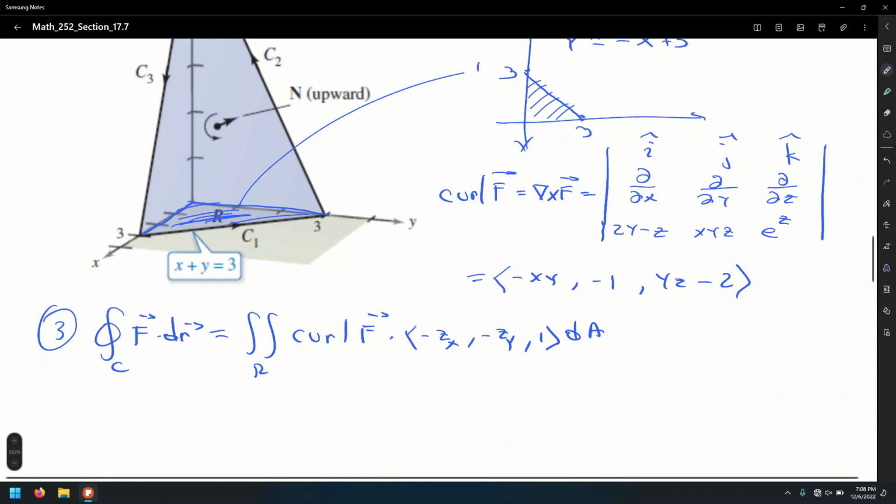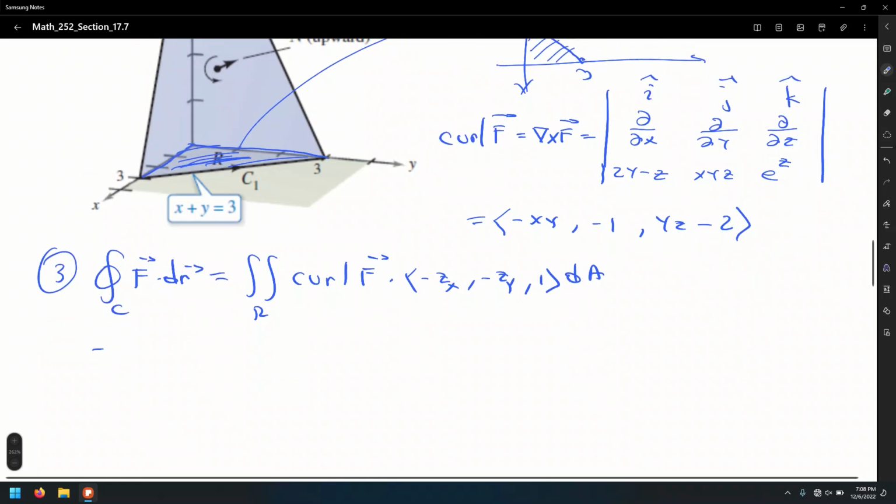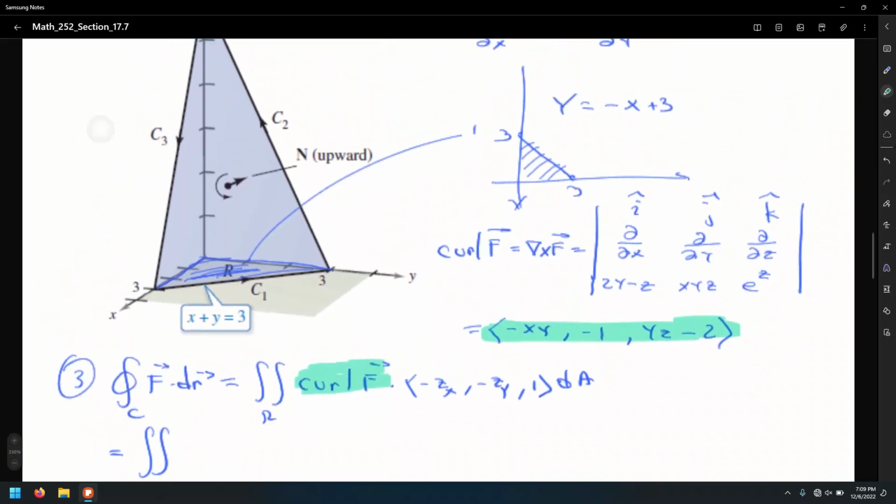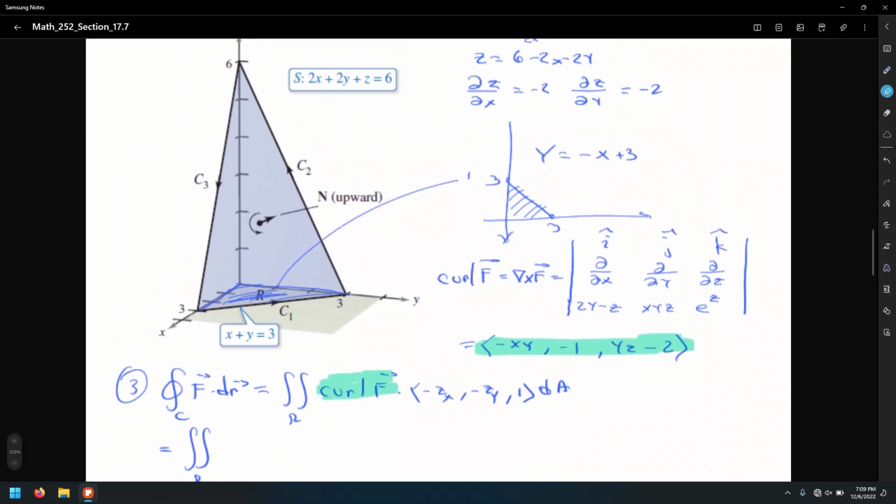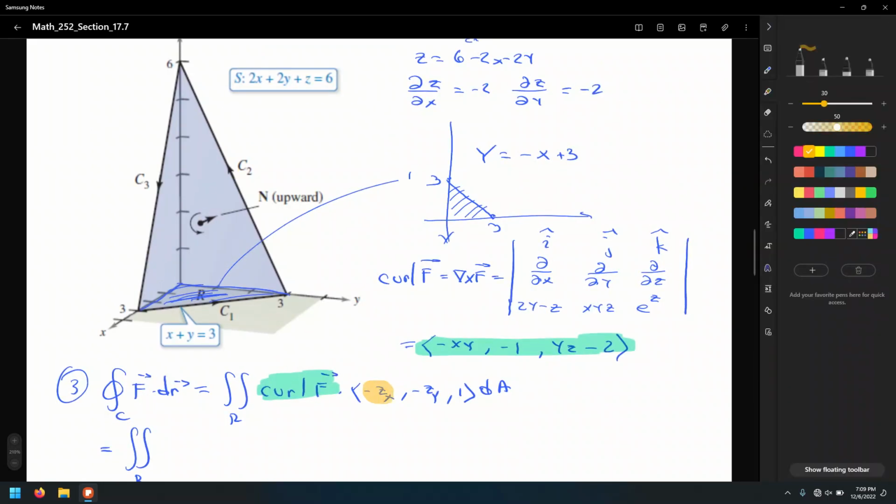So the curl of f, which we already have, I'm going to go to the next line. That's the integral over the region R. Let me highlight this. This is the curl of f. It's going to go here. And these partial derivatives that we already found before are going to go over here. But be careful with the signs again. Because for the two partial derivatives we got negative 2.